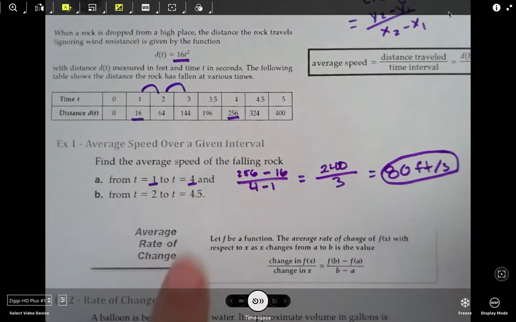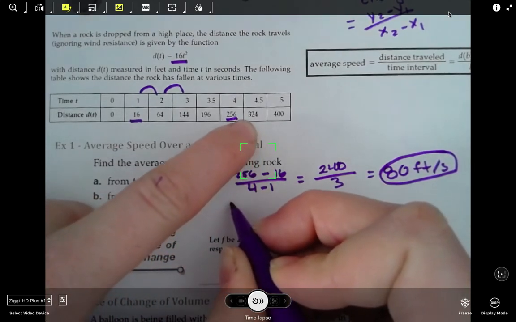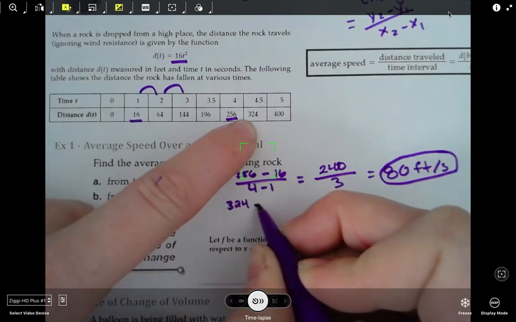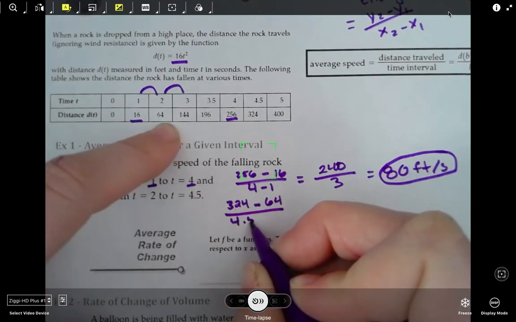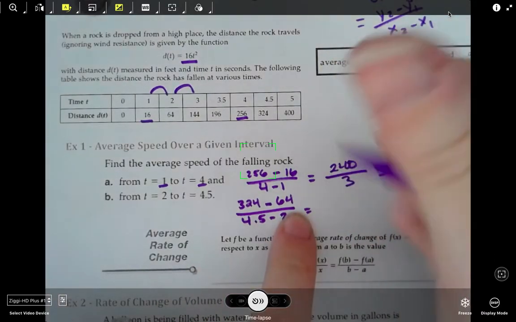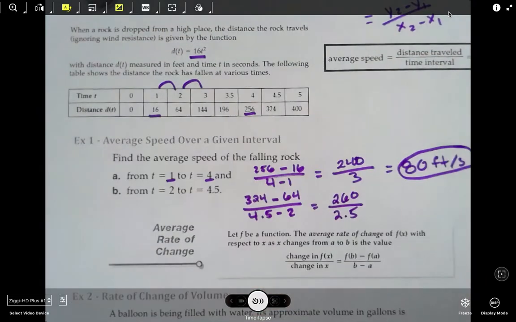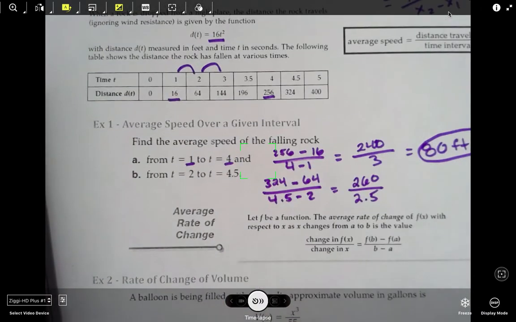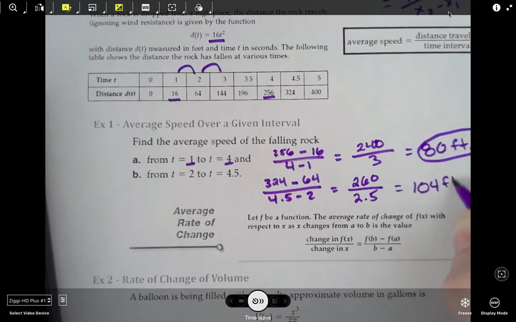Okay, from 2 to 4.5 seconds, so we would do 4.5. The y-coordinate there is 324 minus, at 2 seconds, 64, over 4.5 minus 2. 324 minus 64 is 260 divided by 2.5, and I need a calculator. 260 divided by 2.5 is 104 feet per second.